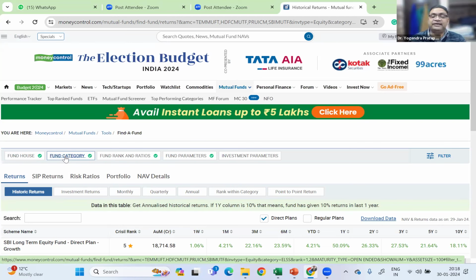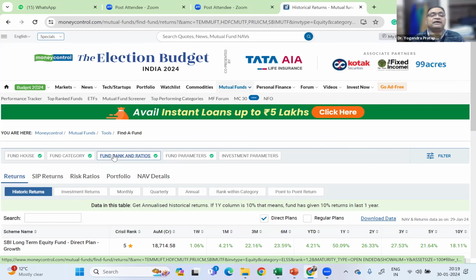ELSS means equity linked saving schemes, covered under section 80C. Since the new tax regime is there, it is now less popular. But assuming that you have opted for the old regime, ELSS is there because it is covered under 80C, equity linked savings. I have chosen it just for illustration purposes.